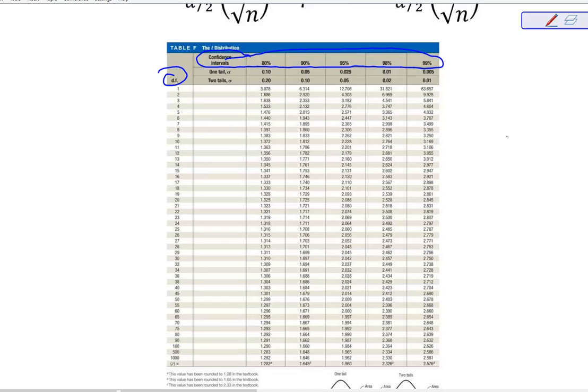As I said, this table is much easier to read than finding the z-scores at times. But you will need to get used to reading this table. So let's try an example with this.